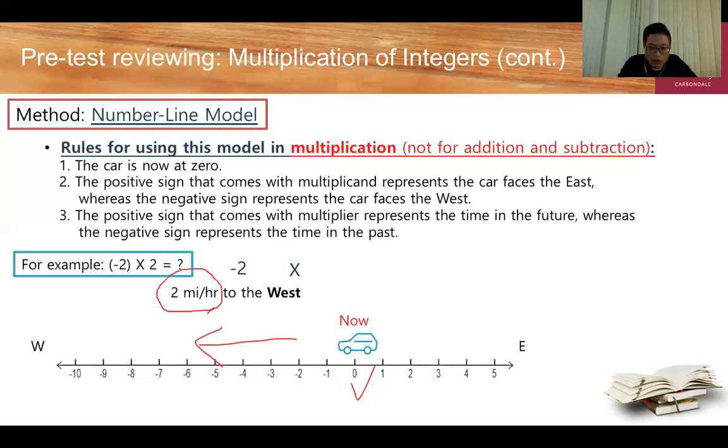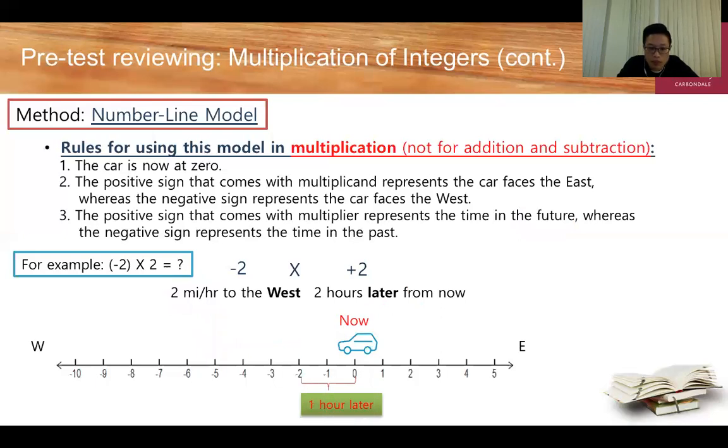And the multiplier here is +2. That means in the future. So 2 hours later from now, okay?